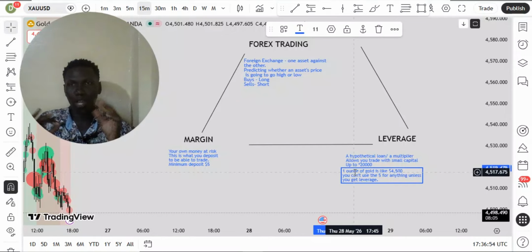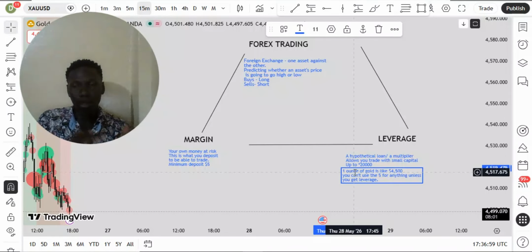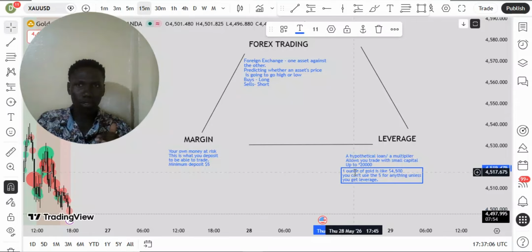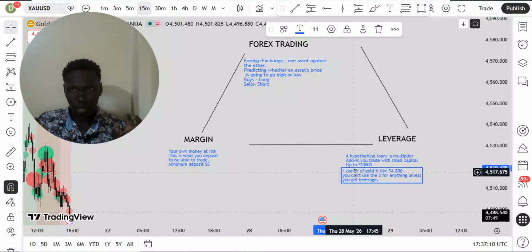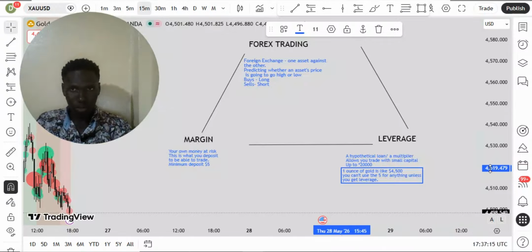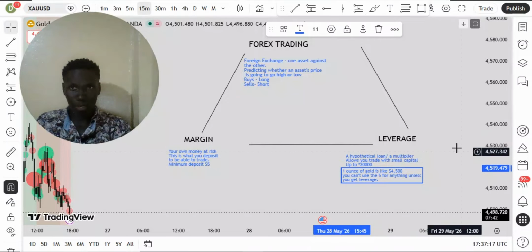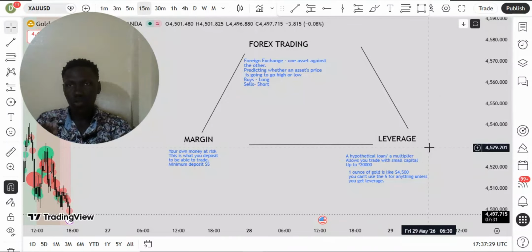You don't actually have the 100,000, but they will give you the 20,000 multiplier, and it will multiply your five. So five times 20,000 is 100,000. So now you can assume that you have 100,000. You can take trades on gold, which is 4,000. You understand? Yeah, so that's how it works. If you take a trade on gold, which is 4,000, you definitely need leverage. And your broker is going to do that for you, right?